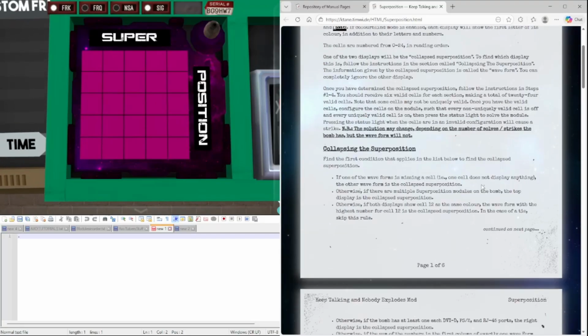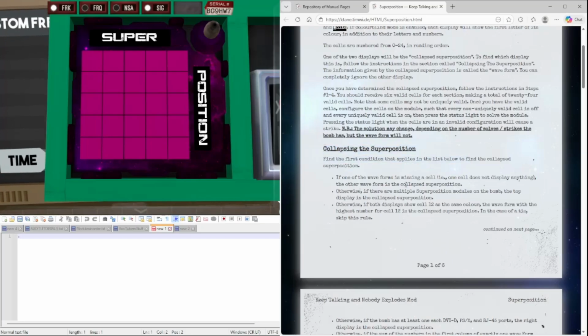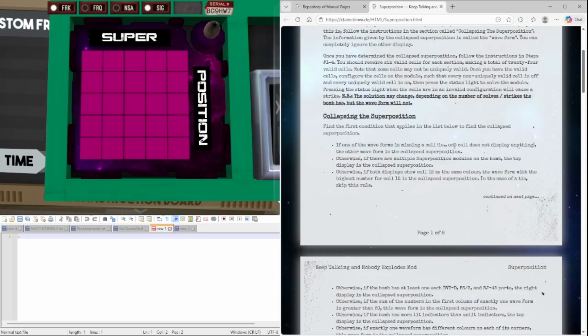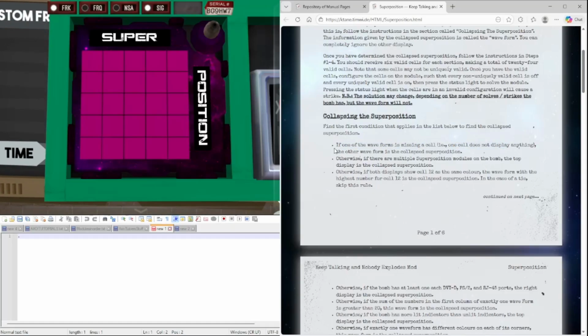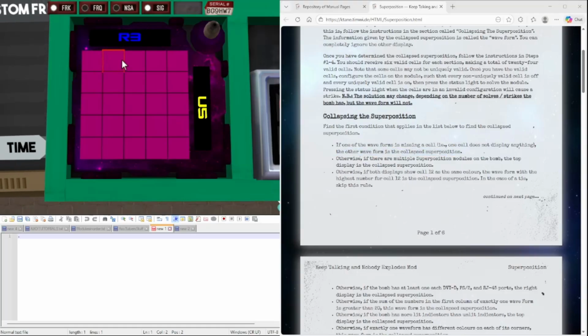So first we need to find the collapse superposition to find what we're noting down. For the waveform, one cell does not display anything. The other waveform is a collapse superposition.